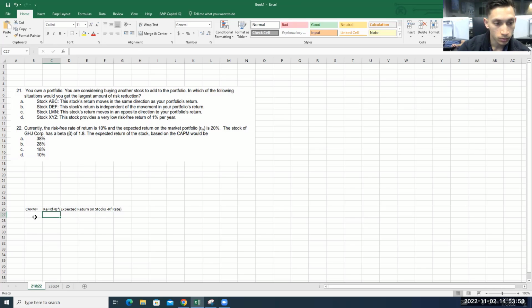Let's do 10%, plus our beta of 1.8 multiplied by the expected return, which is 20%, minus the risk-free rate of 10%. A little inconsistent here, but let me just change it for consistency's sake.